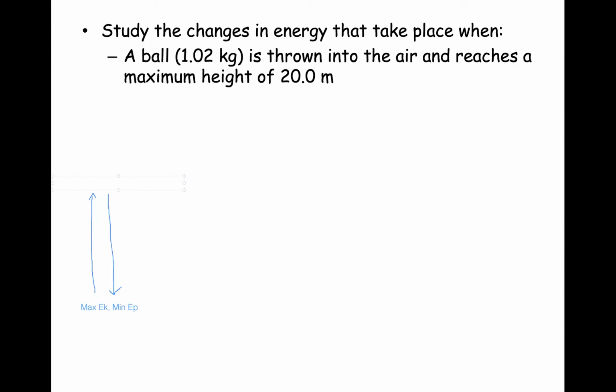So at the top, when that ball is motionless, it's going to have minimum kinetic energy. And hopefully you guys will see this, it will have max potential energy because it is at the highest point of its flight.